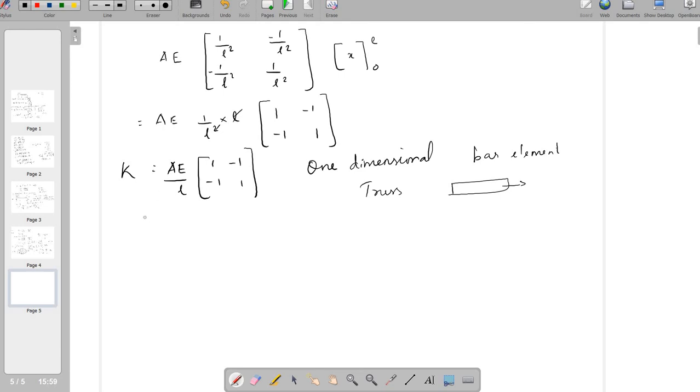We also have another formula, for the force vector. F is equal to rho AL by 2, 1, 1. So this is mass 1 and mass 2. Rho AL is the mass from the volume. So the force vector F can be represented as rho AL by 2, 1 and 1.